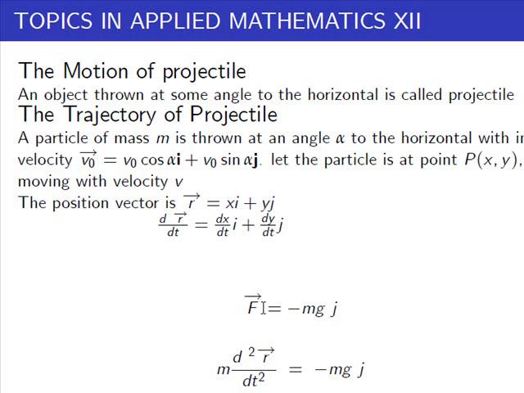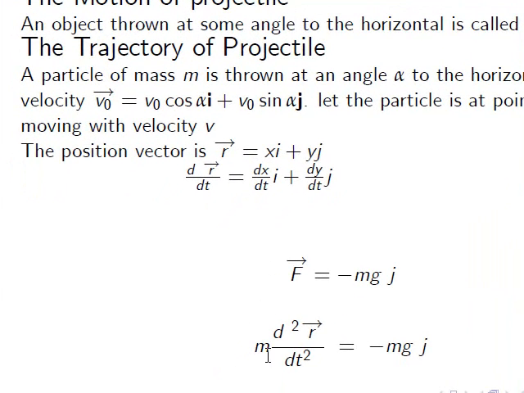The particle is thrown upward and the force acting is downward, so there is a negative sign. We know from Newton's second law that the force F is equal to m d square r over dt square. So we replace F by m d square r over dt square.